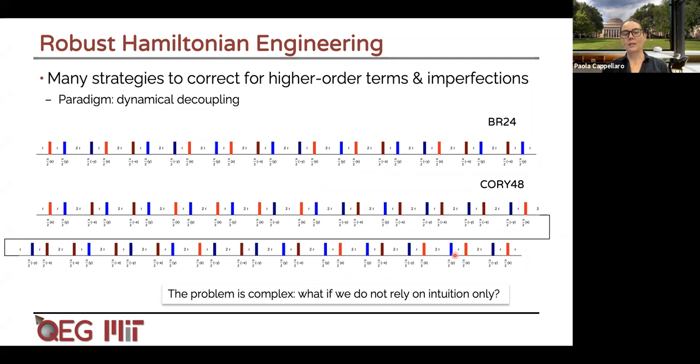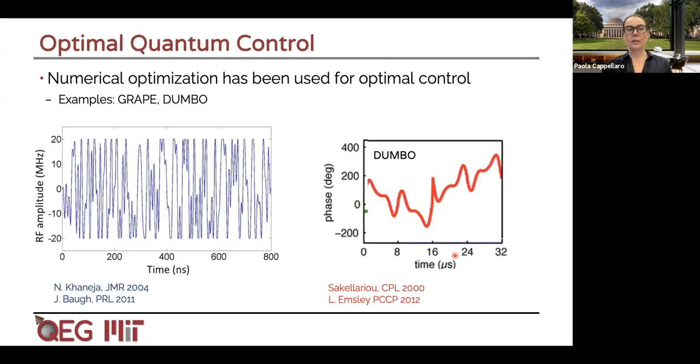But the question is, can we do better than intuition only? Because the problem becomes very complex. We are trying to optimize the engineering of the Hamiltonian where I have a many-body system. And indeed, people have used optimal quantum control in order to solve related questions.